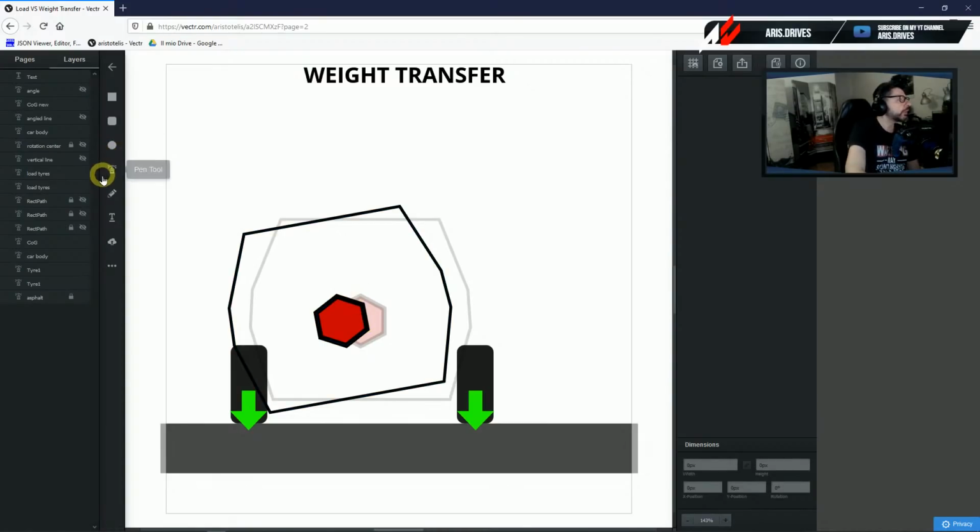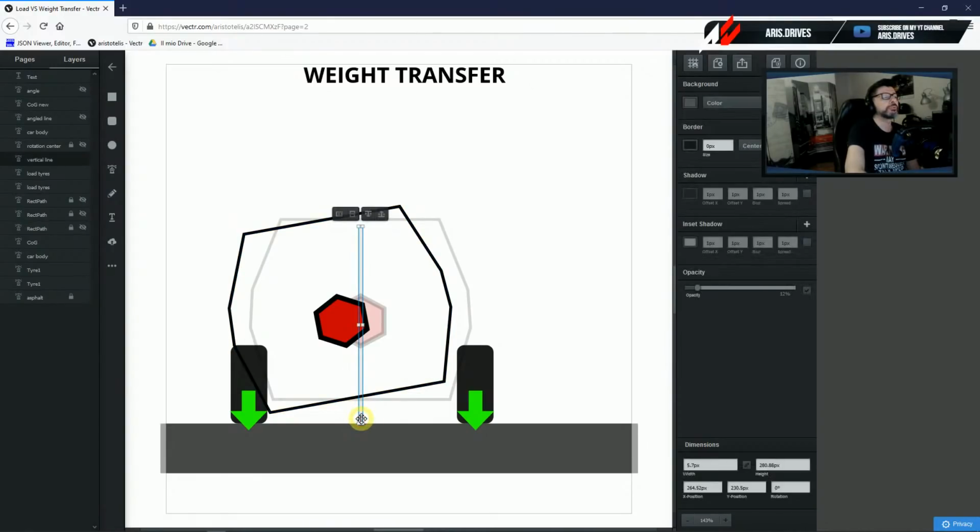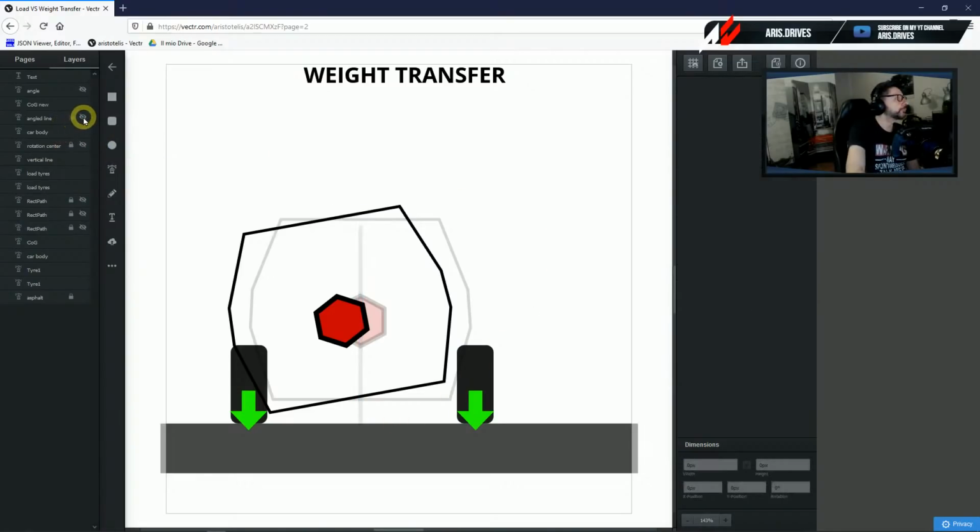So let's first put a vertical line here. This is the vertical line in exactly the middle of the balanced situation. Now we are moving the car in roll, so this vertical line obviously rolls. Let's move a circle here to point out our rotation. So from there we have a rotation.